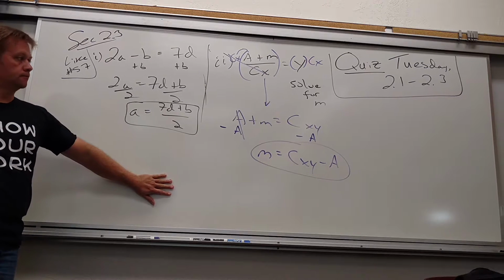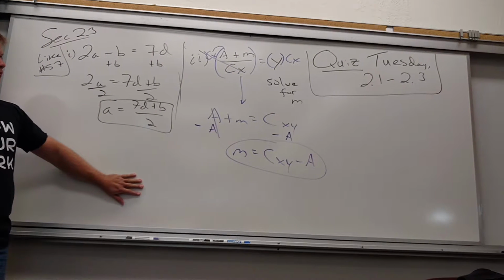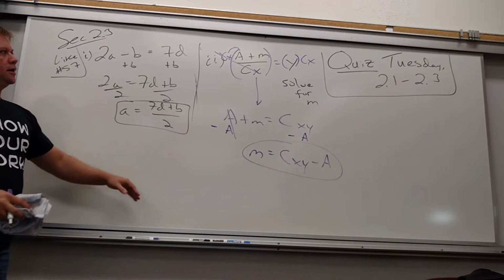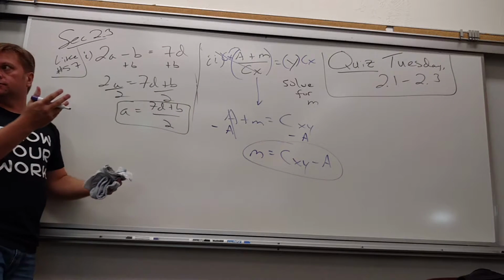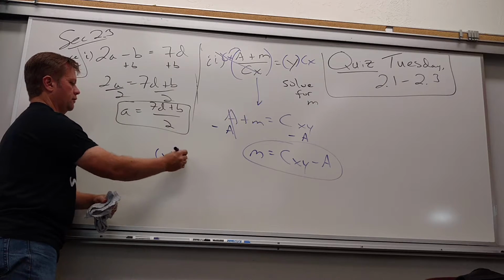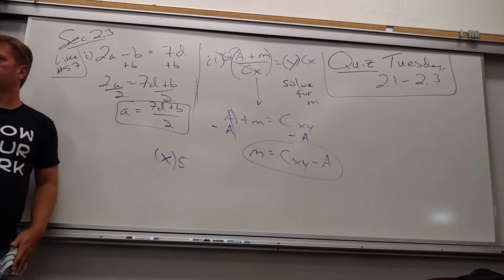Can you leave a line in parentheses and then CX next to it, or am I writing it wrong? Technically you're right, but it's sort of like writing x5. That's 5x, right?